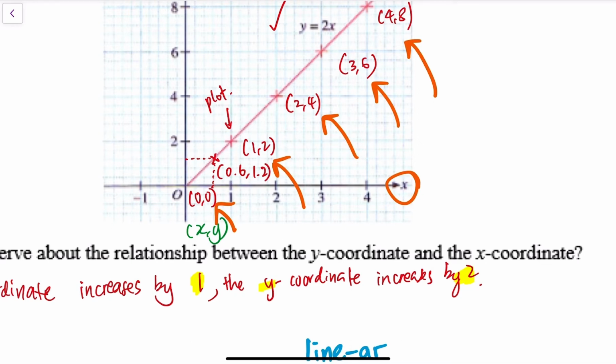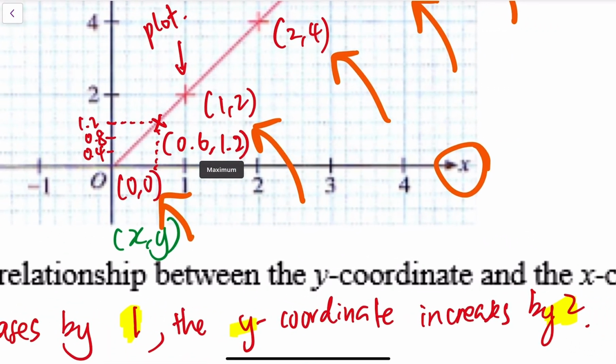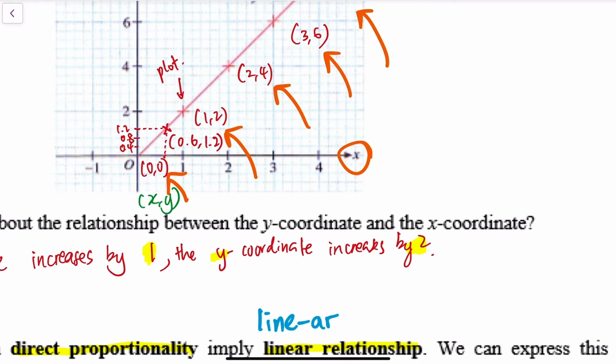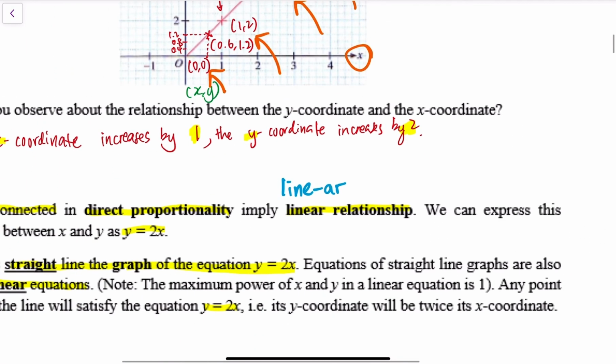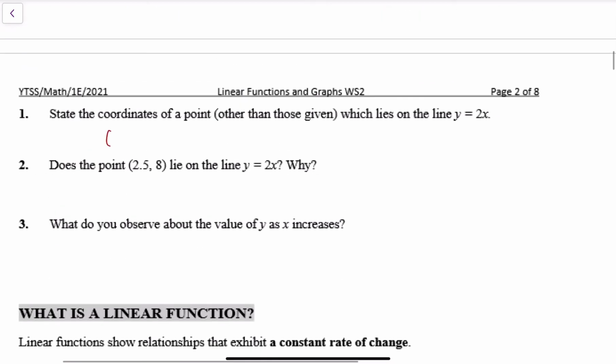You can count, right? Every small box is 0.4, 0.4 and 0.4, 0.8 here. I hope you can see. And therefore it's 1.2, then followed by 1.6 and then 2. So one of the points that I can find here is 0.6, 1.2. So this is one other point.